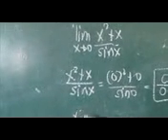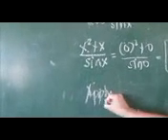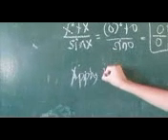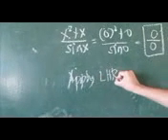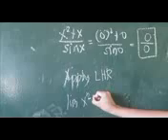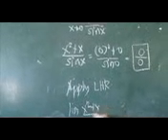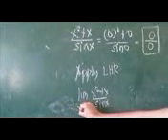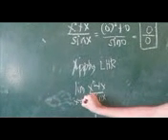Now we can apply L'Hopital's rule. We need to copy the function: limit of x squared plus x over sine x, where x approaches 0. Now, from this, we differentiate the numerator separately from the denominator.